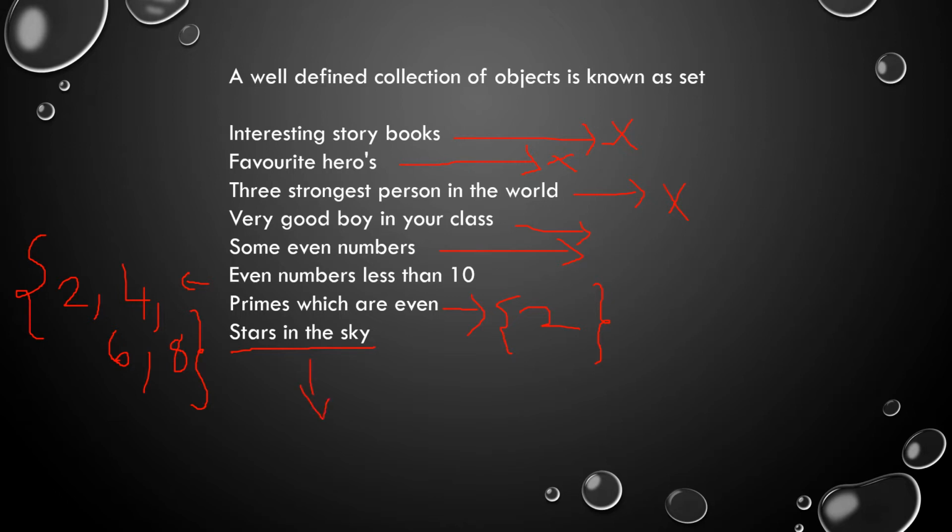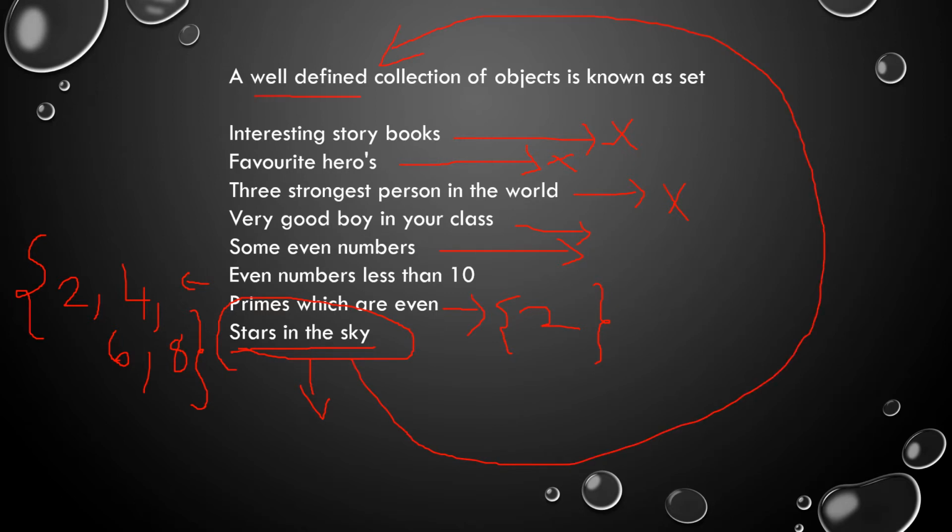Stars are in my collection. So if I say earth, earth will not be in this collection. If I say sun, the sun will be in this collection. If you say moon, the moon will not be there. That's why I have given this example, it reveals what is meant by well defined.